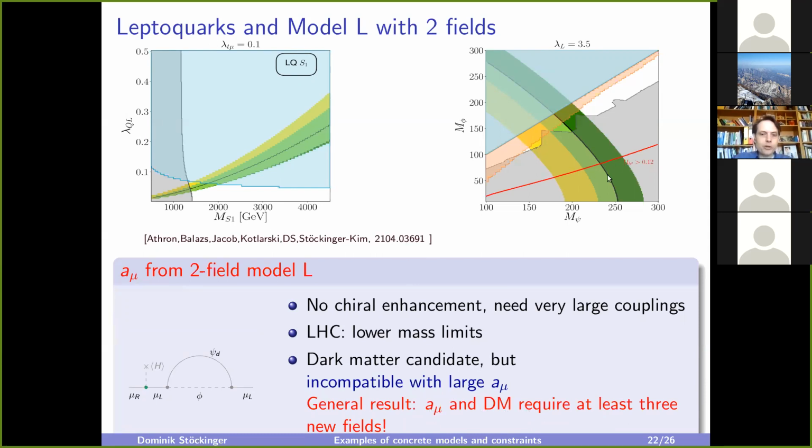So this model has a dark matter candidate, but the parameter region you need for dark matter is different than the one you need for G-2. So therefore, our result is that if you want to explain G-2 and dark matter simultaneously, you need at least 3 new fields.